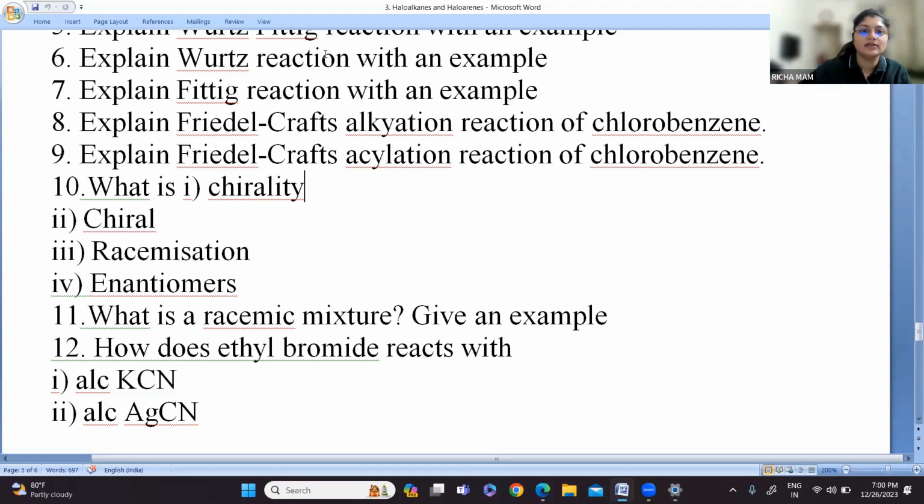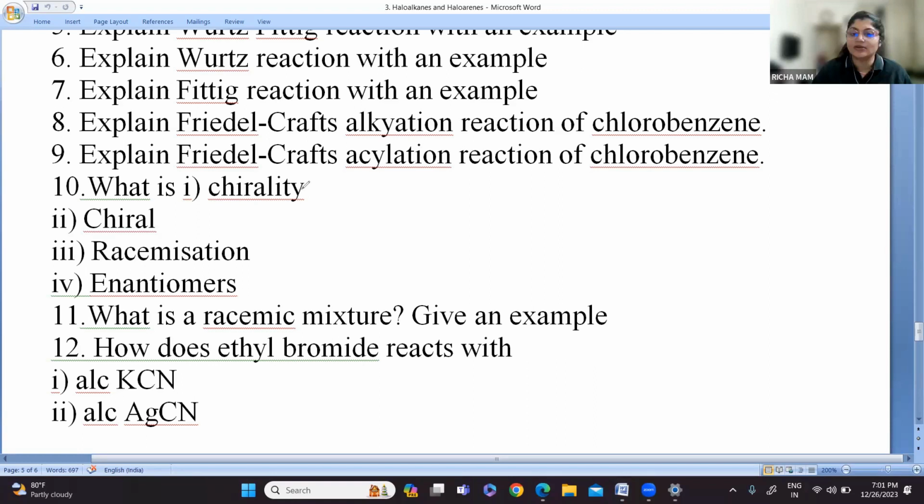It is the property of a molecule to have non-superimposable mirror images, which is called chirality. The property of a molecule to have non-superimposable mirror image is called chirality.